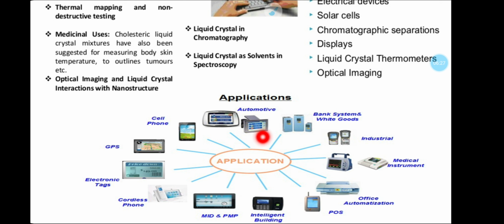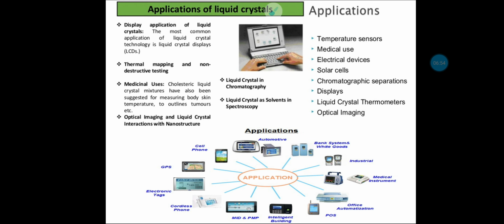We see it in the autoclave, bank systems, industrial corridors, medical instruments, office automation, phones, cell phones, intelligent buildings, MID, PMP. It is used in cordless phones, in electronic tracks. It is also used in GPS systems. So, a large number of applications of this property.